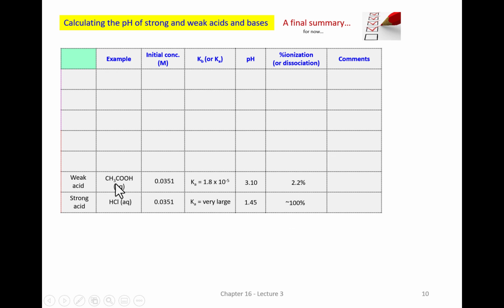It's a weak acid. Now in part 2, we added hypochlorous acid. When it had the same concentration as all the other acids, it of course has a very small Ka value, and its pH, yes, is still acidic, but it's higher than even acetic acid because it's a weaker acid than acetic acid, and it has an absurdly small percent ionization.